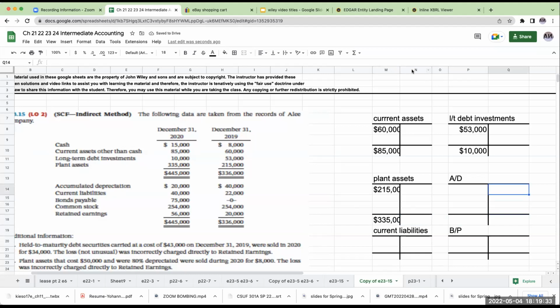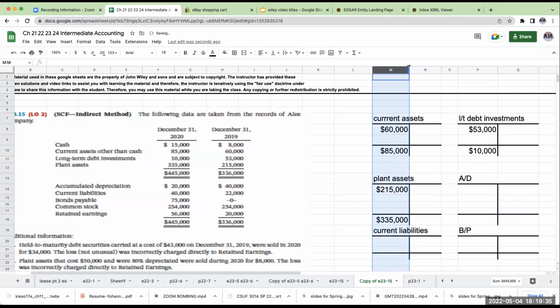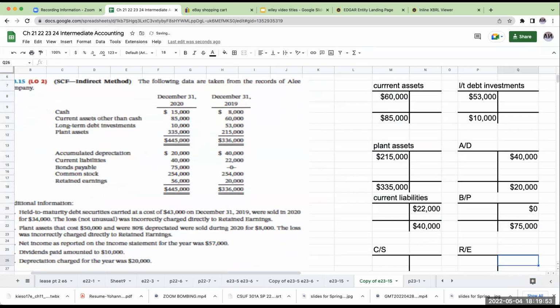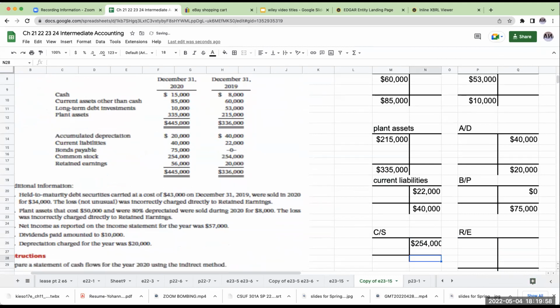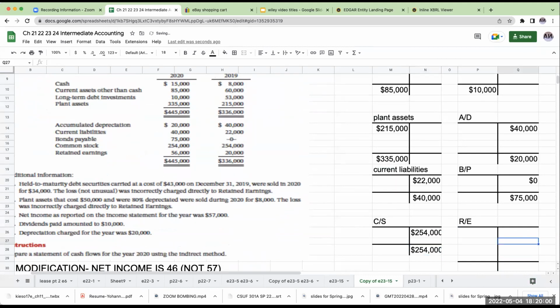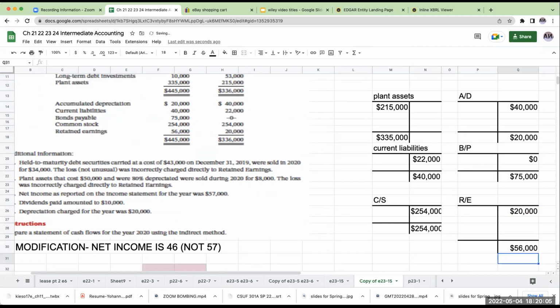My accumulated depreciation, which is a contra asset account, had an opening balance of 40,000 and an ending balance of 20,000. My current liabilities had an opening balance of 22,000 and an ending balance of 40,000. My bonds payable had an opening balance of 0 and an ending balance of 75,000. My common stock had an opening balance of 254 and an ending balance of 254. My retained earnings had an opening balance of 20 and an ending balance of 56.